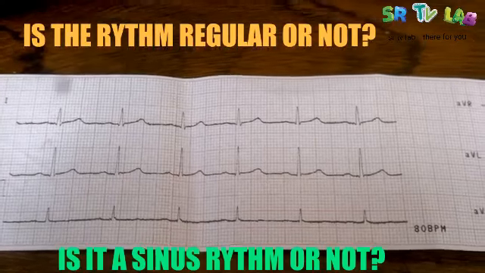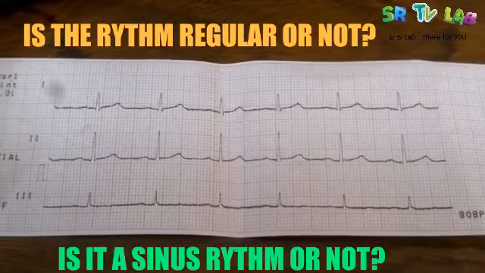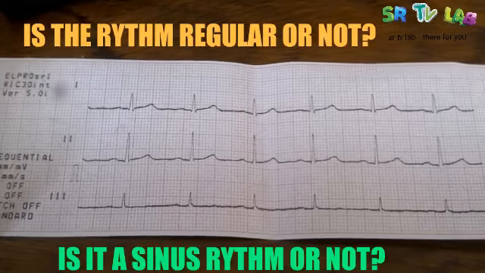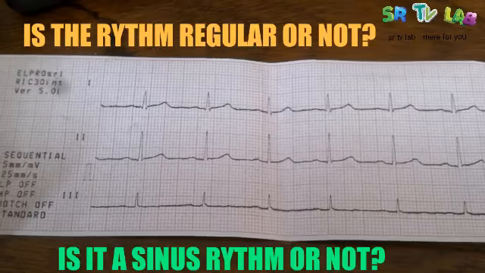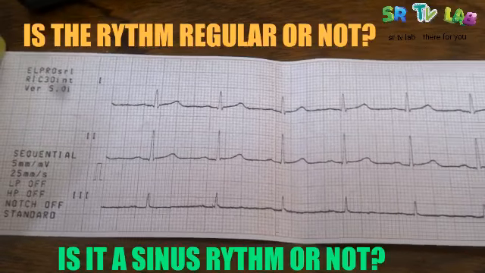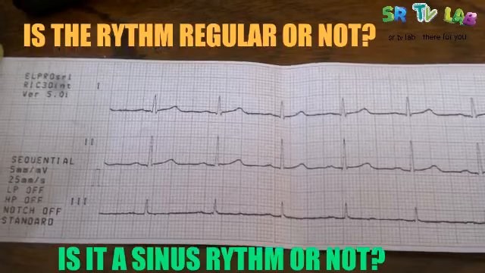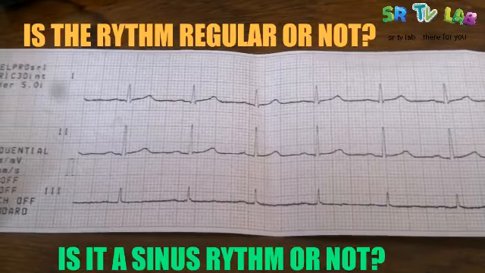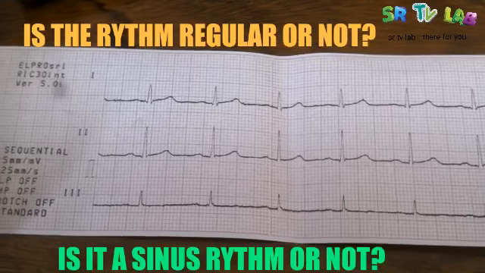Good. So guys, through this electrocardiogram, you can even find out the origin of the rhythm. Here we are going to see if the rhythm is sinus rhythm. Do you remember in the conduction system of the heart, the pacemaker is the sinoatrial node.